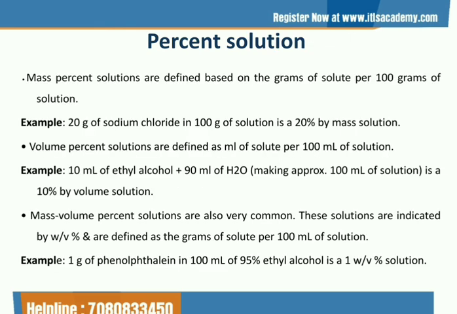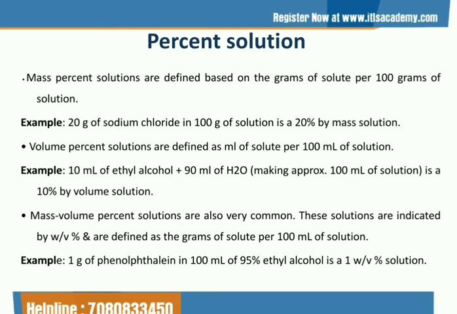Let's see the definition of percent solution. Mass percent solutions are defined based on the grams of solute per 100 grams of solution. The grams of solute present in 100 grams of solution are known as the percent solution.